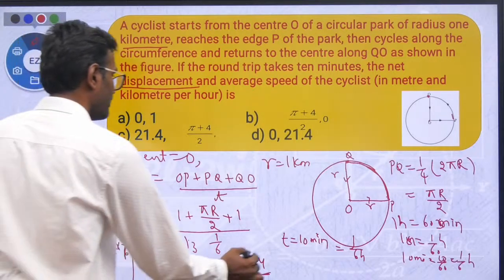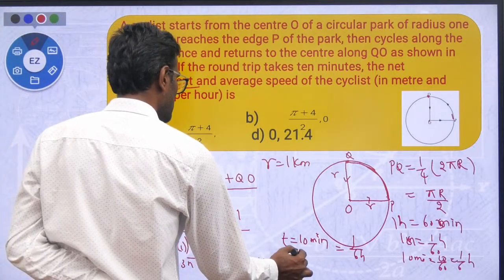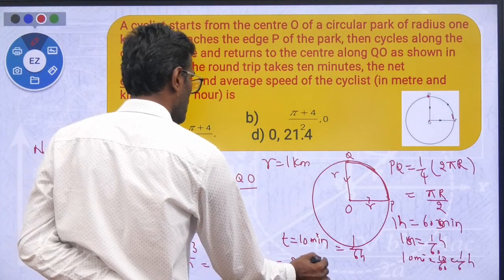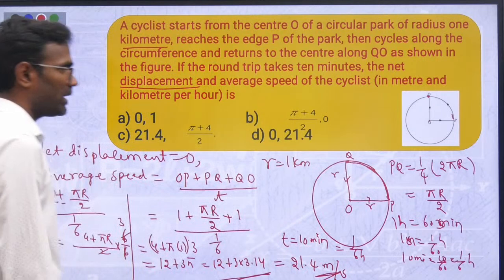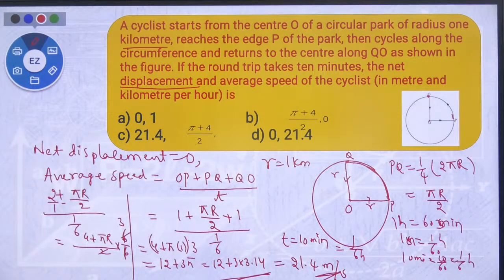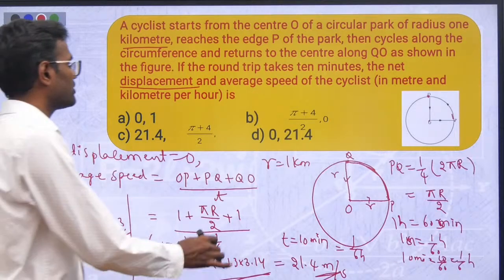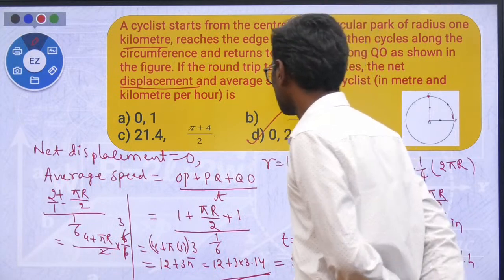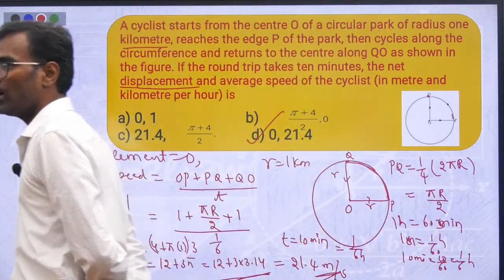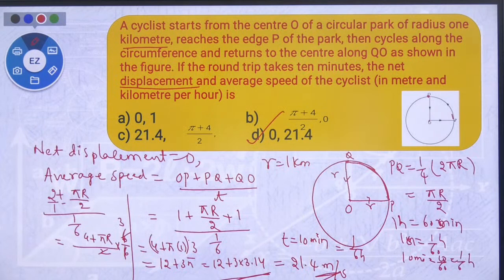So this value will be equal to 21.4 meters per second. So what is your answer, children? Your answer will be D: 0, 21.4. So displacement is 0, average speed is 21.4 meter per second.